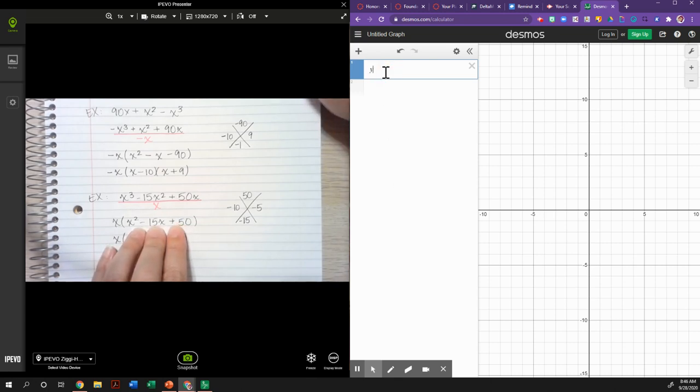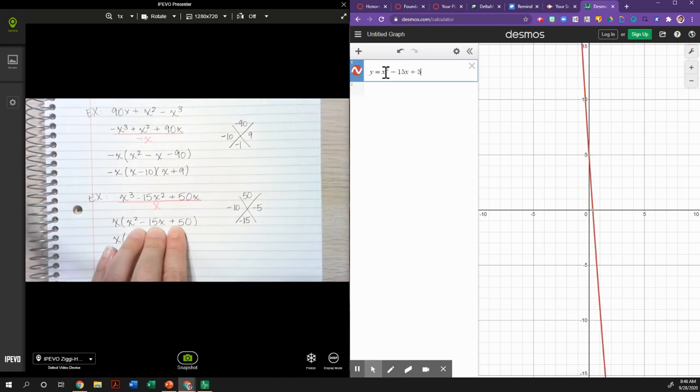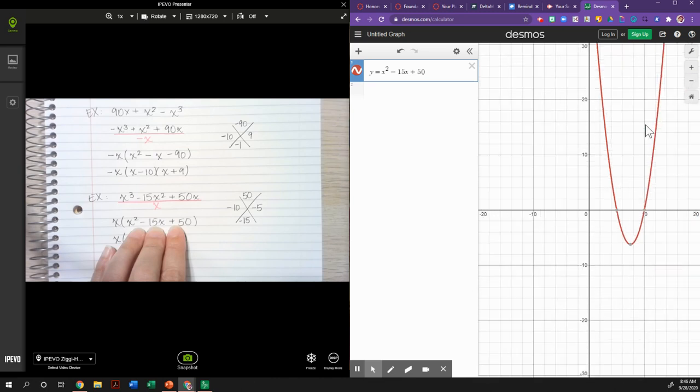Well, I just go into Desmos and I type y equals x squared minus 15x plus 50. And what you're looking for is you're looking to see that the parabola crosses the x-axis. And if it crosses the x-axis, you can factor it.